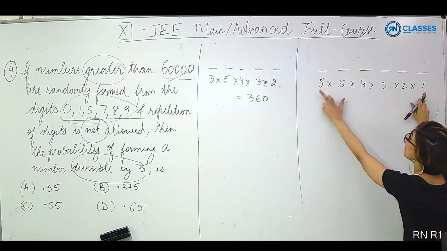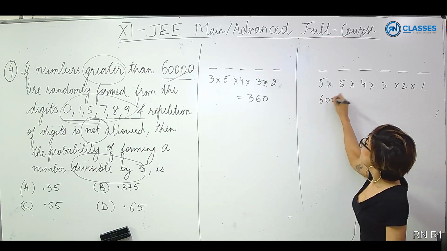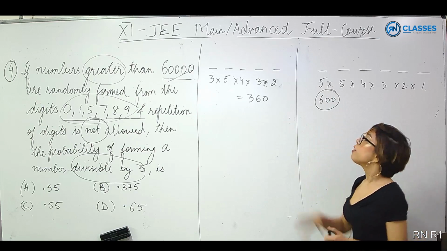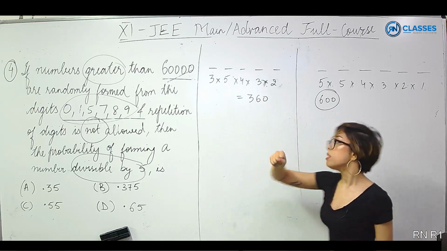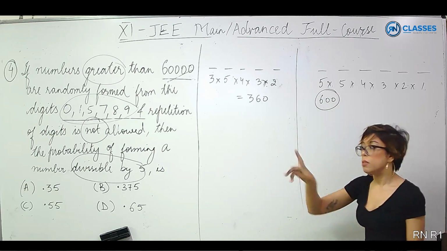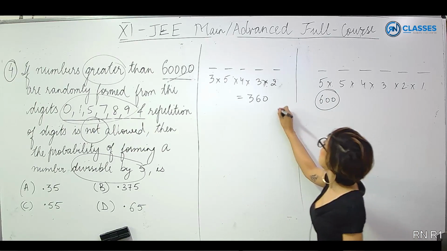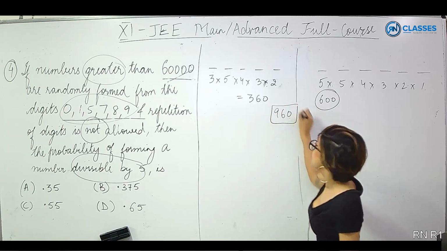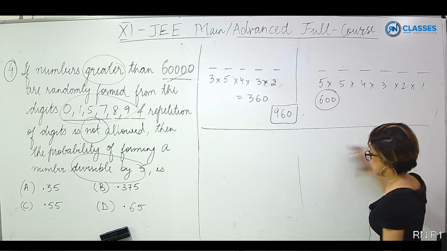So that is 120 into 5, that is 600. So for the experiment, I have 360 5-digit numbers and 600 6-digit numbers. In total, I have 960 numbers. This is my experiment.